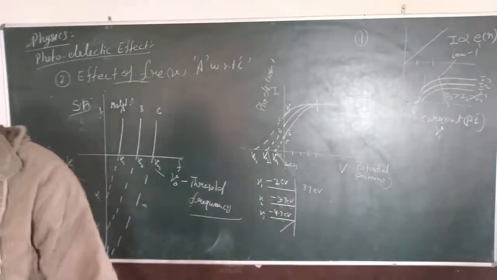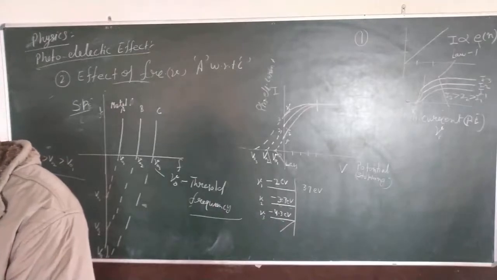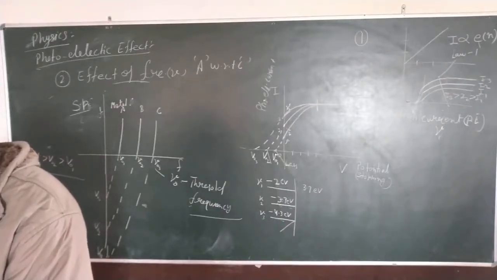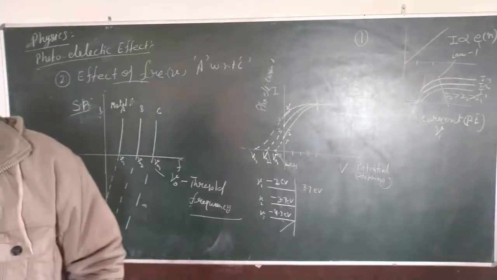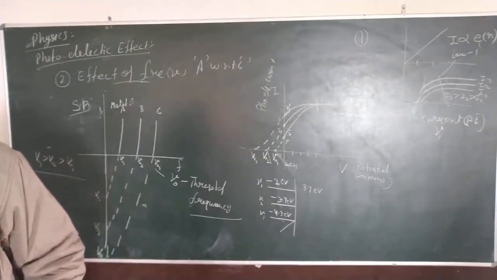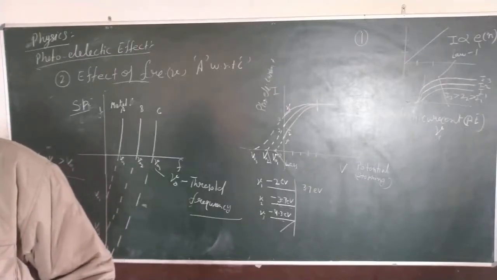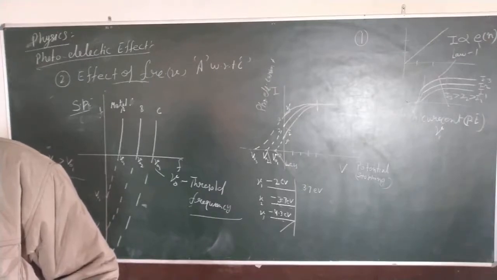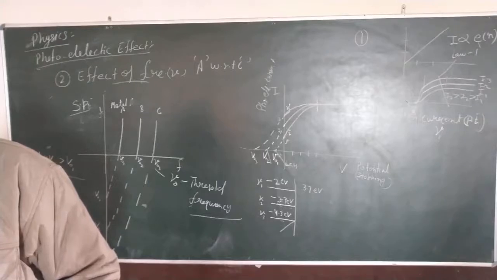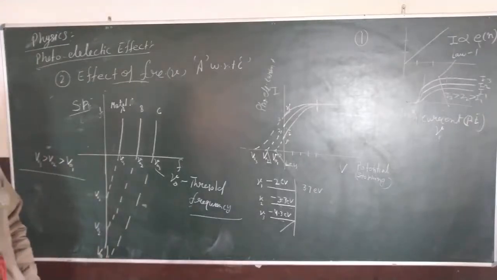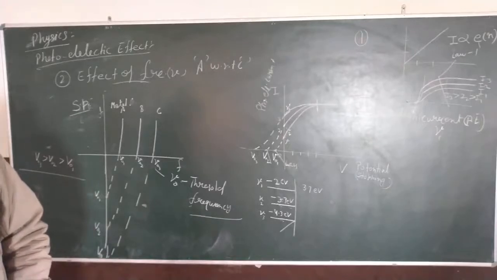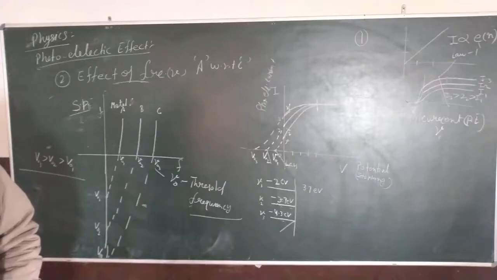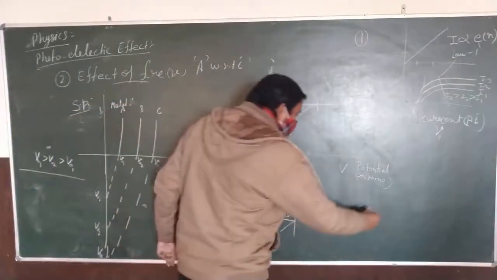Next, above the threshold frequency, the maximum kinetic energy of the emitted photoelectron is independent of the intensity of the incident light, but depends only on the frequency of the incident light.